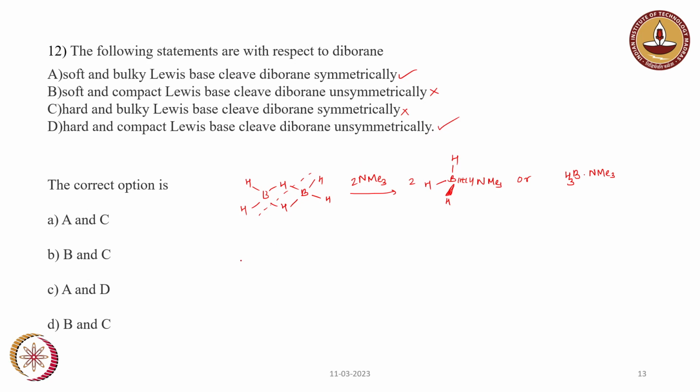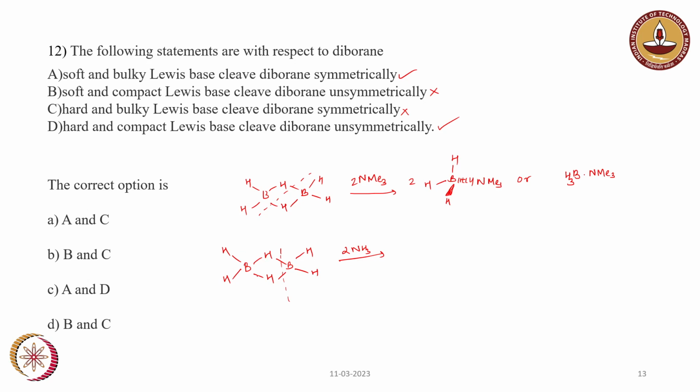So one of the examples for hard and compact Lewis base is NH3. So if we use NH3, the bond will be cleaving like this.